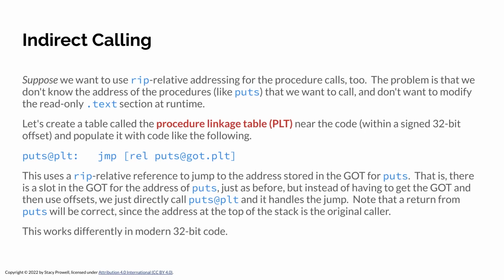So, if you followed all that, here's what we're going to do. Instead of our code calling puts directly, we will call puts@PLT and we'll use rel to do it. So it'll be an RIP relative call to puts@PLT, which is an instruction in the PLT which jumps to the address that is stored in the GOT for puts.